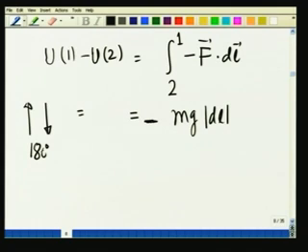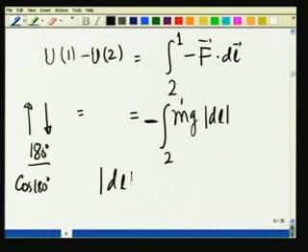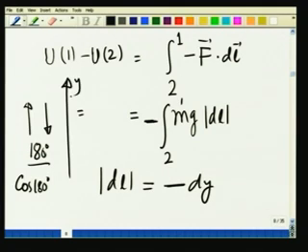That minus sign comes because of cosine of 180 degrees, and I get this integral going from 2 to 1, and now I know magnitude of dl is nothing but minus dy, because y I am measuring going up.